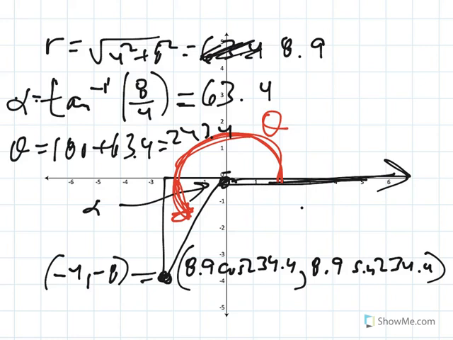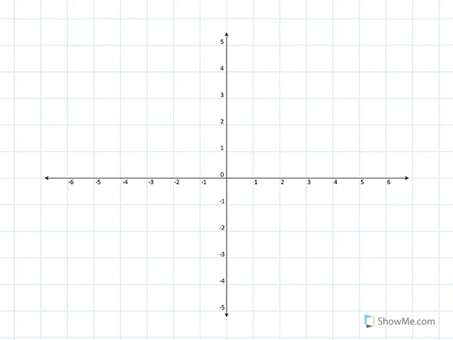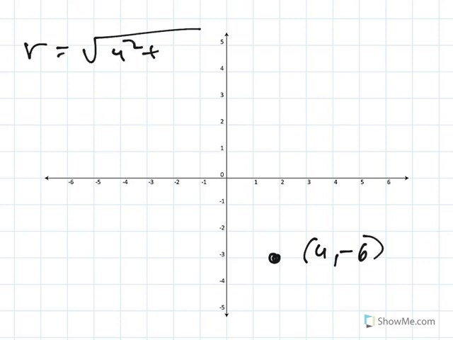There is one more quadrant. So here's a point that's 4 comma negative 6. R is the square root of 4 squared plus 6 squared, which is 7.2. Halfway done.